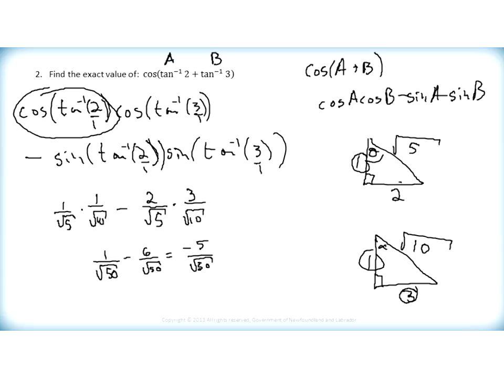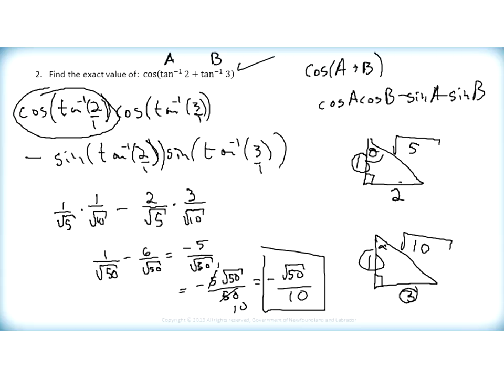So I'll rationalize that just once, and that's going to give me negative 5 root 50 over 50, which is going to simplify to give us negative, let's see, 5 over 50 reduces to 1 over 10. So that's negative root 50 over 10. And that is the value of this ugly monstrosity.